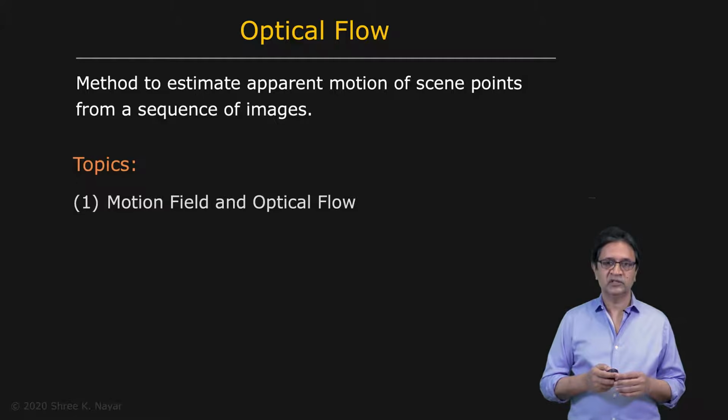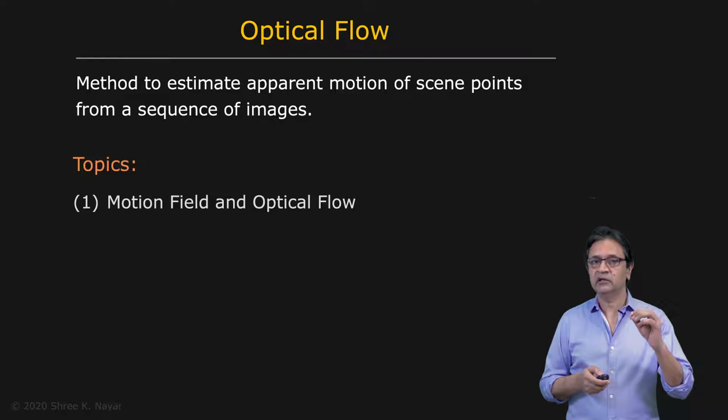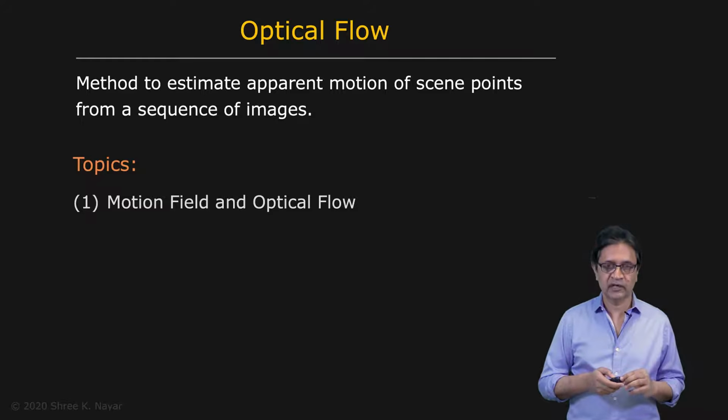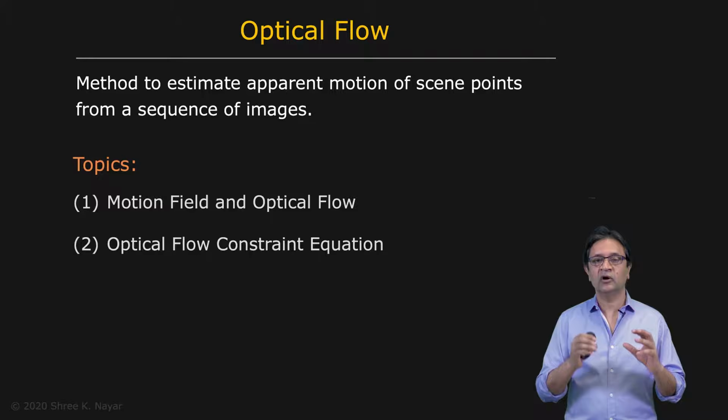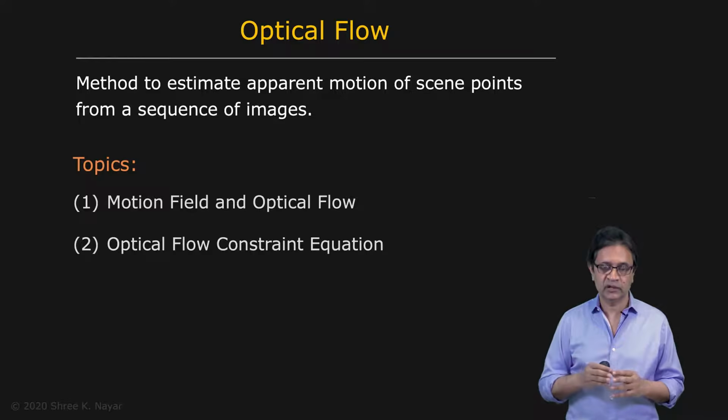Then we're going to set about measuring optical flow. It turns out that we can't directly measure optical flow uniquely at each pixel by simply looking at the brightness variations of that pixel. But what we can do is to come up with what's called an optical flow constraint equation.